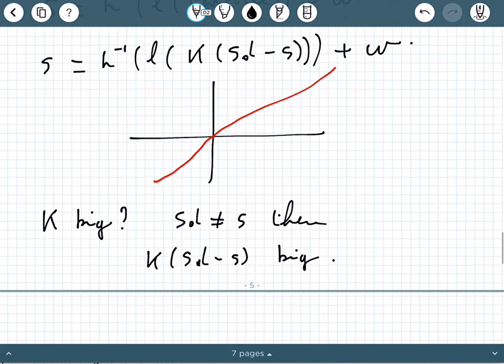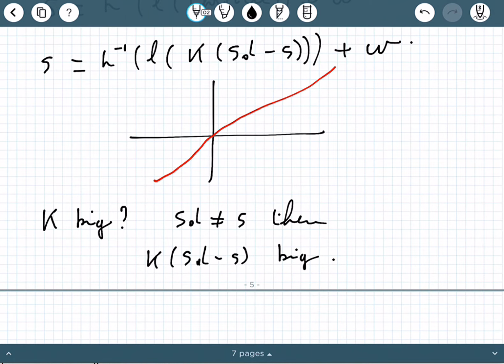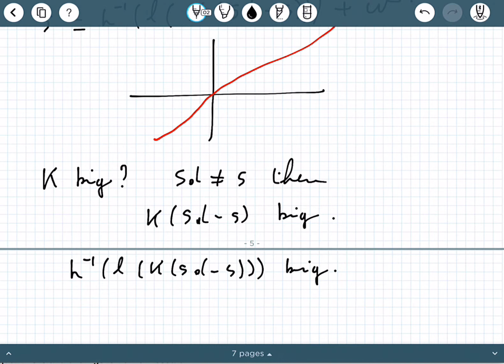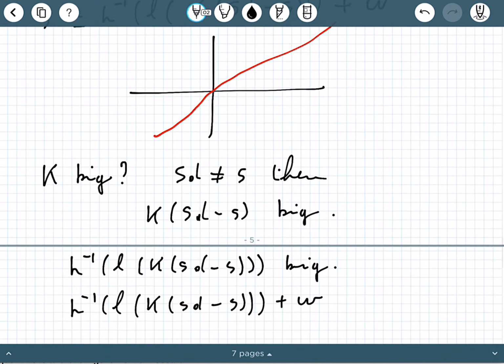But if it is big, then H inverse L K times SD minus S will become big as well. But if this is the case, then H inverse L K times SD minus S plus W, which is also equal to S, will become big.